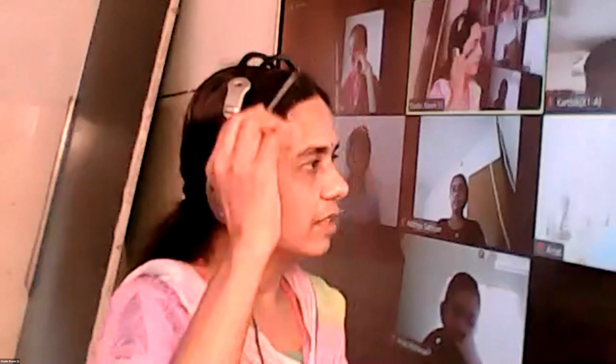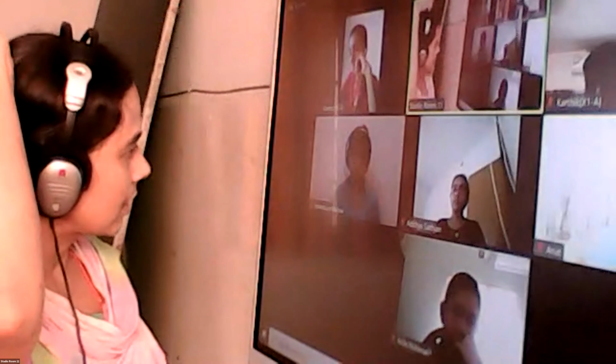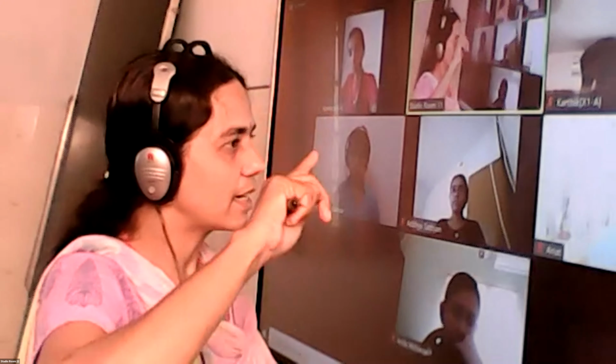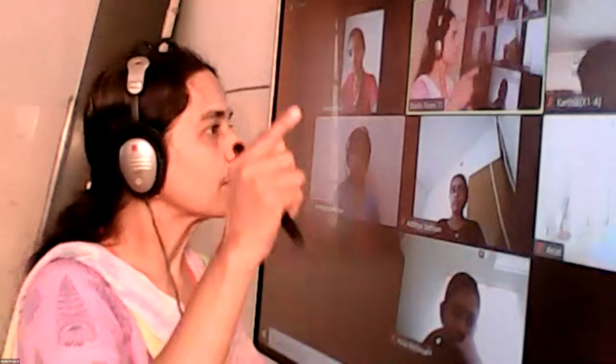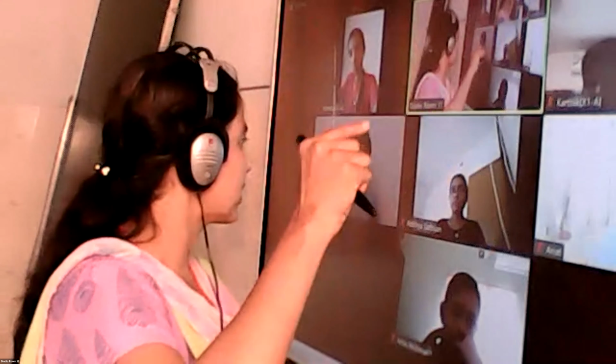So first we have to rank them, assigning first rank to the highest one, then second rank, third rank. Suppose 10 students are participating in a contest: first person first rank, second person second rank, and so on, up to 10 ranks.